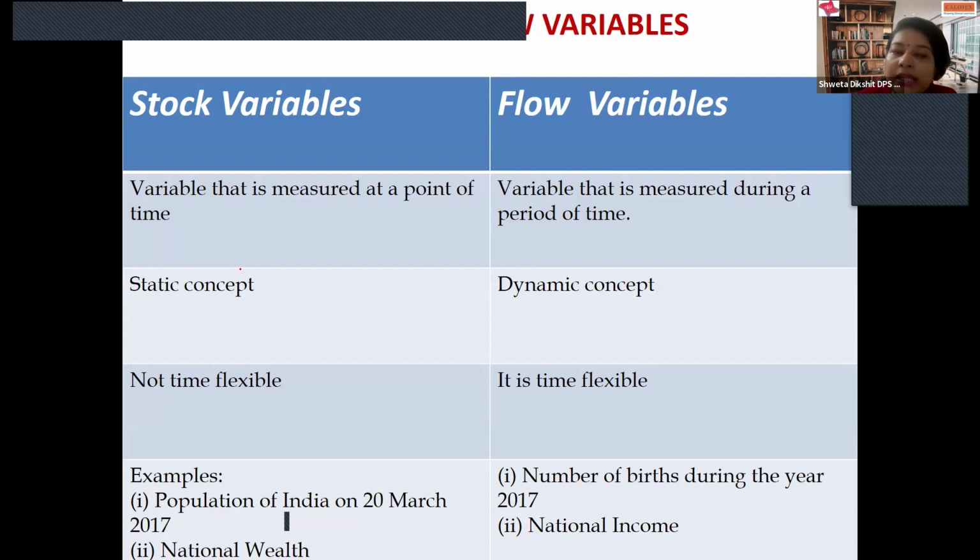Better to understand that anything which can be measured at a particular point of time, for example, if I talk to you about money supply, it's not there on your screen, it is an additional example I'm giving to you. If you want to know how much has been the money supply in the economy, you know this very well that money is the most liquid asset on the earth. It keeps changing every second, every nanosecond.